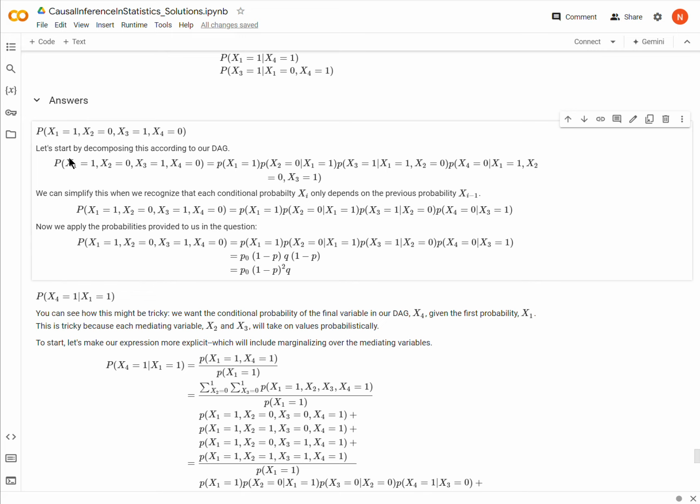One way that we could go about this, and the way the book is encouraging, is to decompose this according to the DAG.